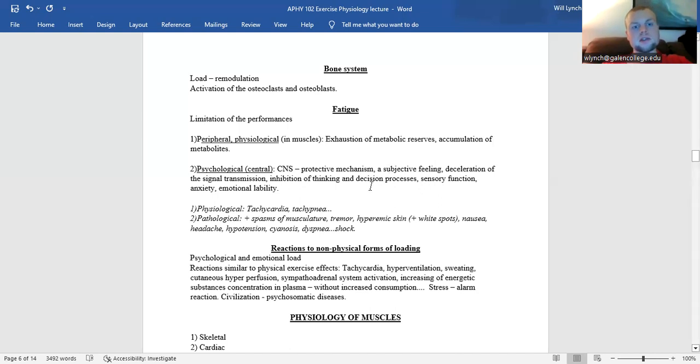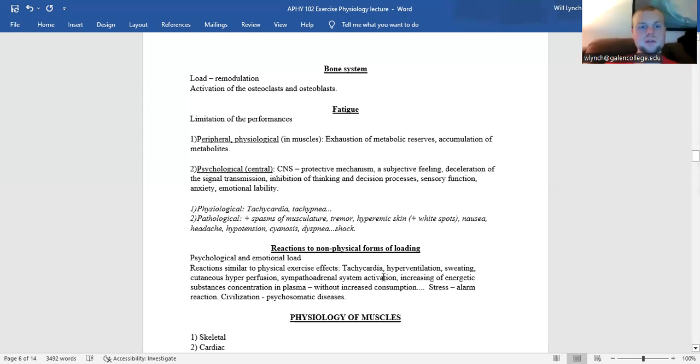So physiological is going to look at things like heart rate, all right? Pathological, this is going to be non-normal or some disease sort of processes like spasms, tremors, hyperemic skin, nausea, headaches, hypotension, cyanosis, things like that.